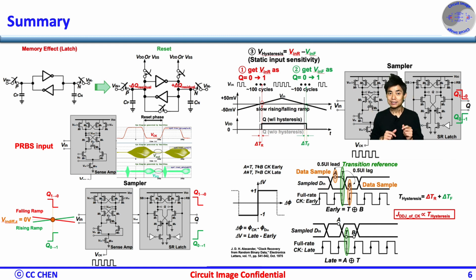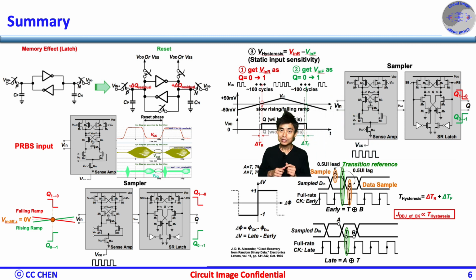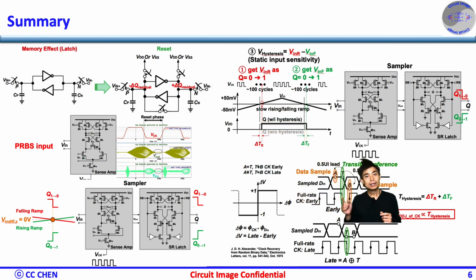The data sampler's input sensitivity must be evaluated with the speed over timing. On the other hand, the hysteresis time is very critical to any CDR locked in the input transition data. For example, the transition reference will lock to TR from 0 to 1 and TF from 1 to 0.